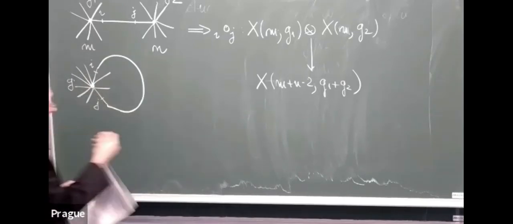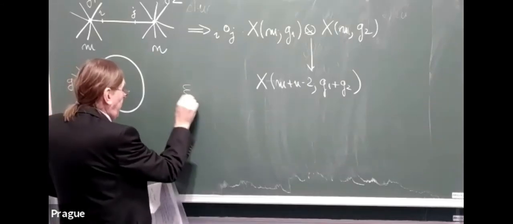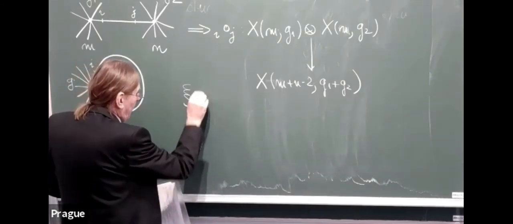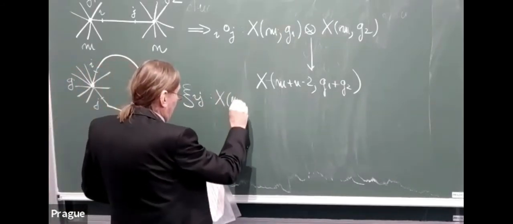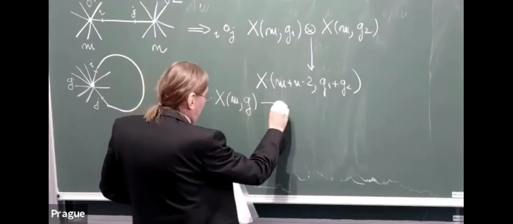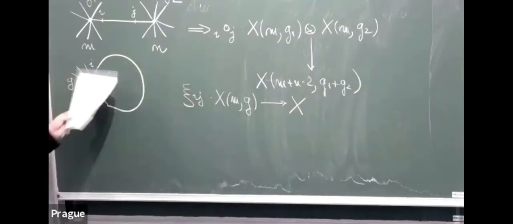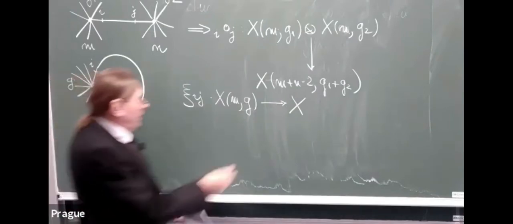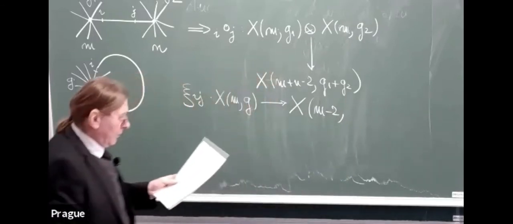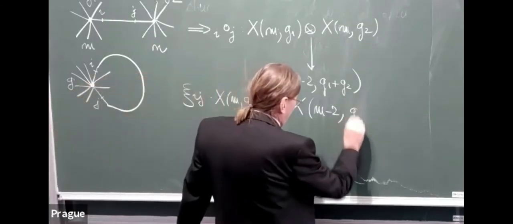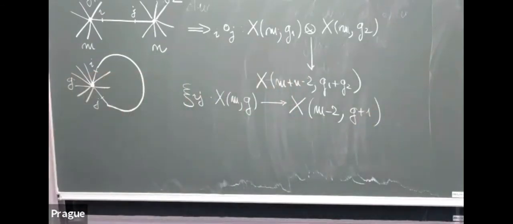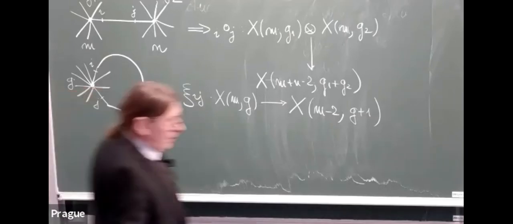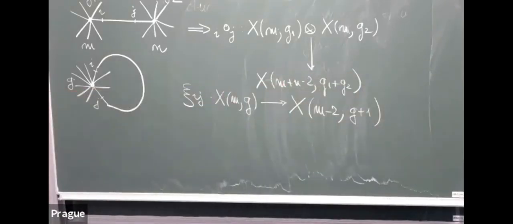Then I have a contraction xi_ij, which goes from X(m, g) into X(m minus 2, g plus 1). So it takes two adjacent edges away, and again, out of geometric motivations, it raises the genus by 1. These are the operations for the unbiased definition of modular operad.